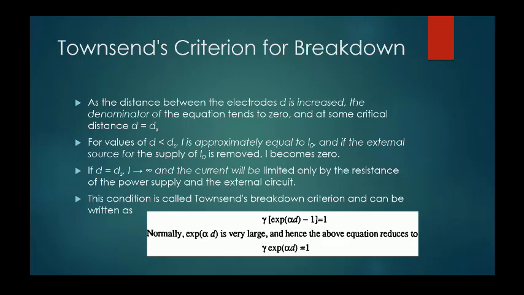If d equals ds, I tends to infinity, and the current will be limited only by the resistance of the power supply and external circuit. This condition is called Townsend's breakdown criterion and can be written as gamma times exponential alpha d minus 1 equal to 1.